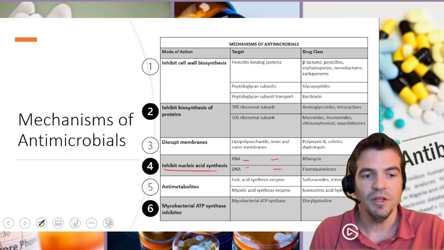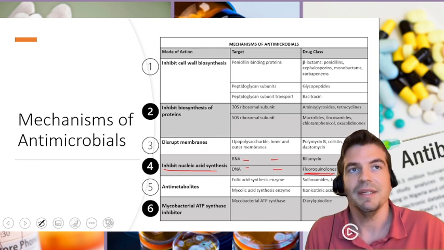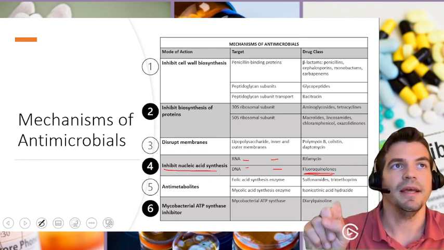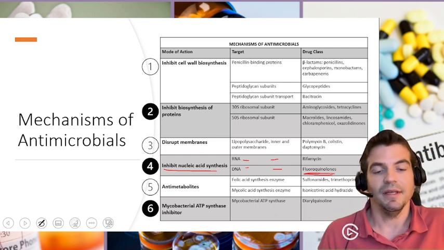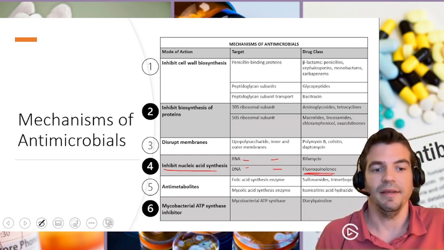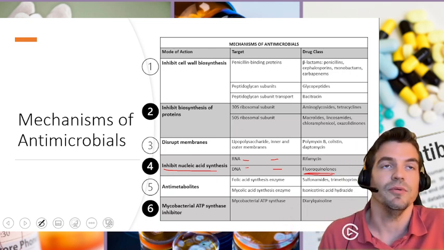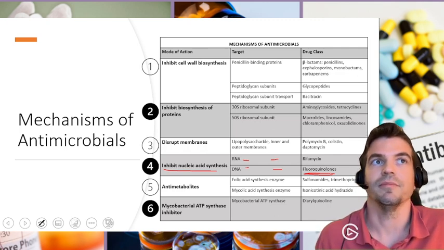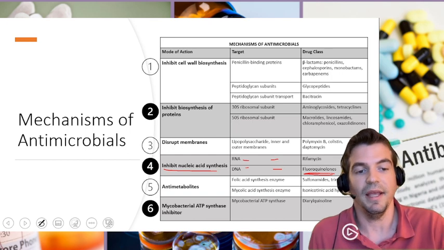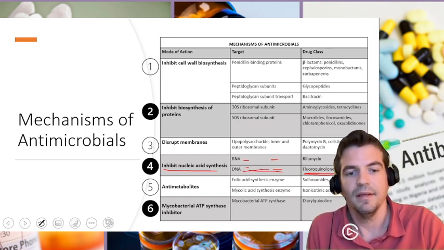One of the ones you're going to want to know is the fluoroquinolones. A fluoroquinolone inhibits DNA synthesis, and it is a common type of drug. When you have a strong infection, you're going to provide a fluoroquinolone after, just to make sure, because it is a DNA inhibiting drug.